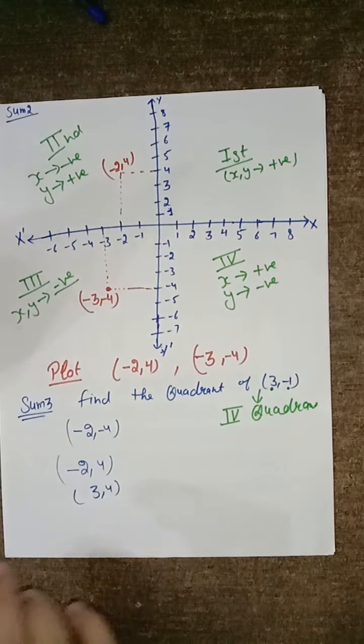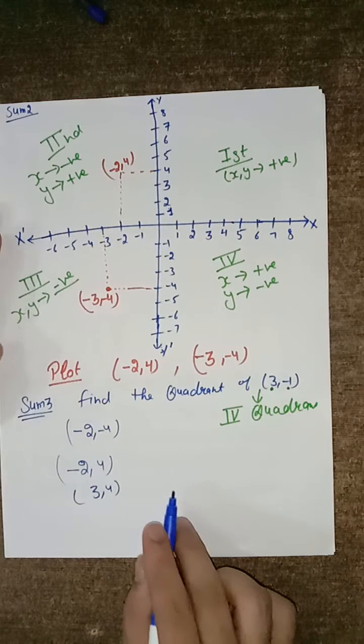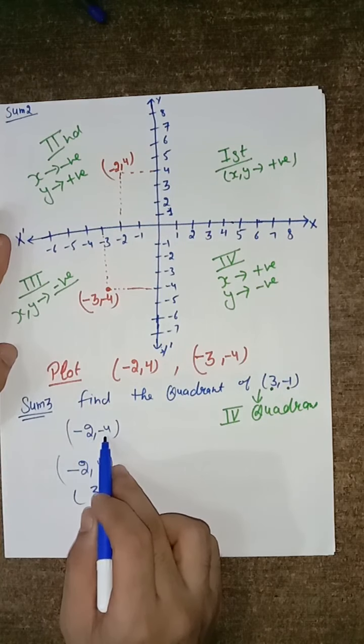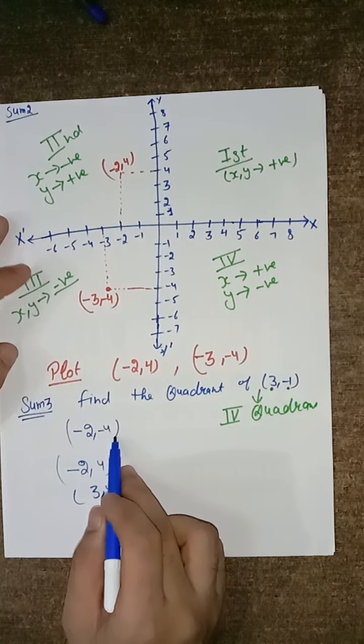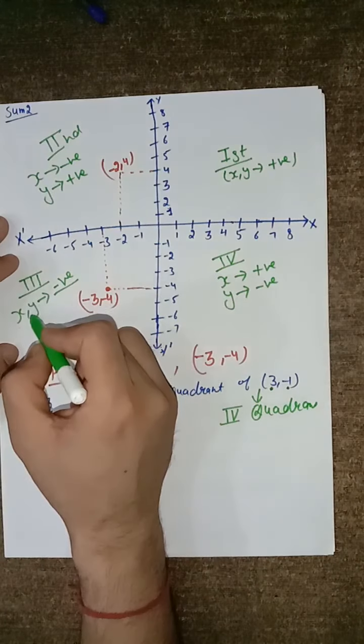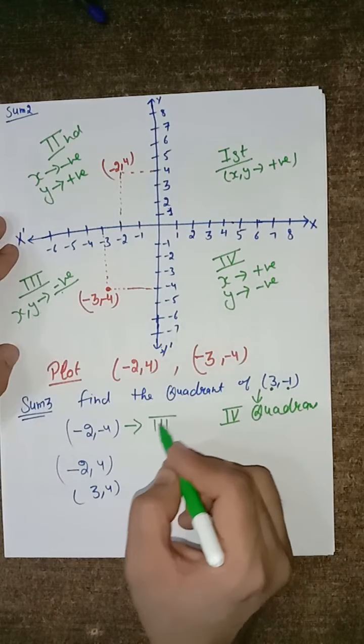Okay student, see here, for -2 and -4 means both x coordinate and y coordinate are negative, and when both are negative then the quadrant will be third quadrant. Here x and y are negative, it means this is third quadrant.